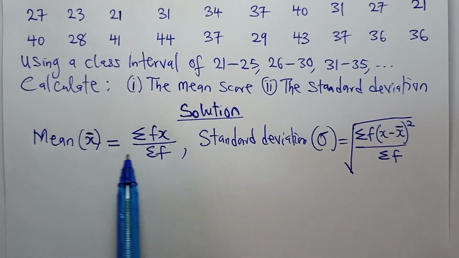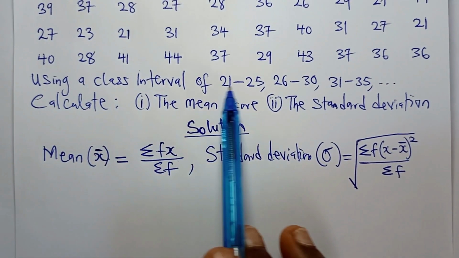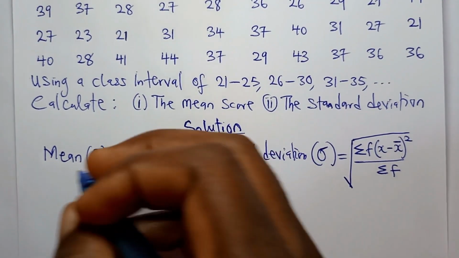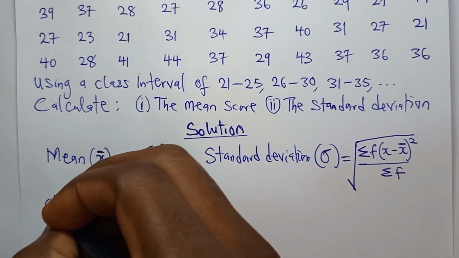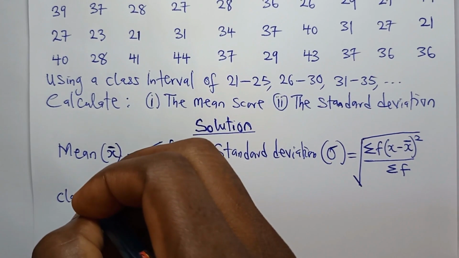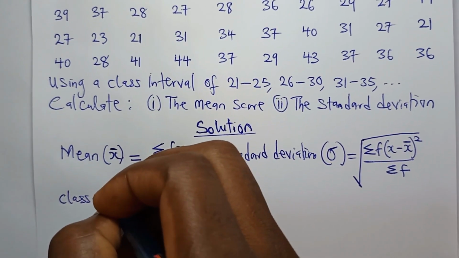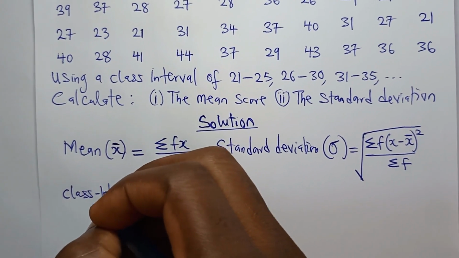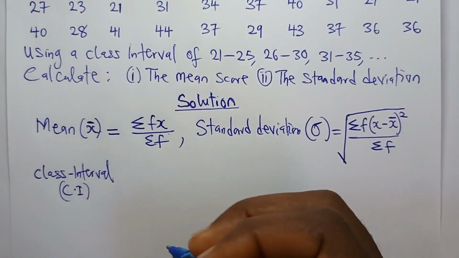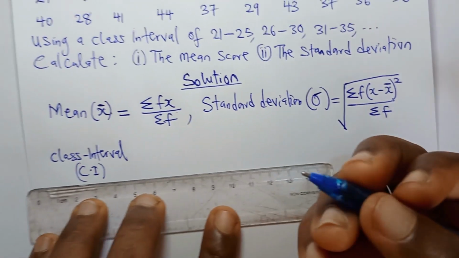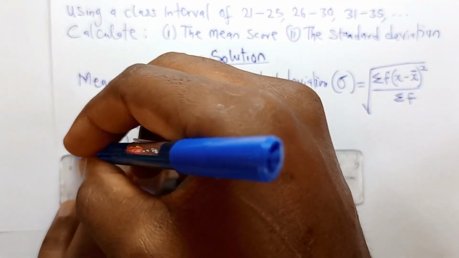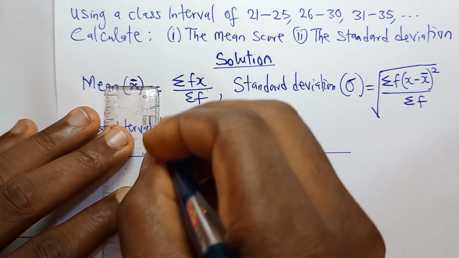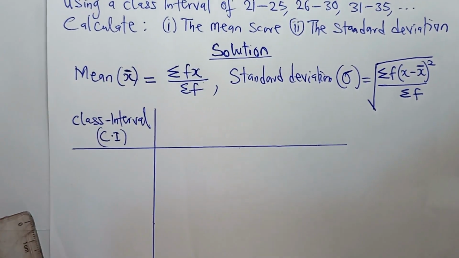So let's start. We have class interval. They've already said that we are to use class interval. I will call it CI. Follow me now. So this is our class interval.